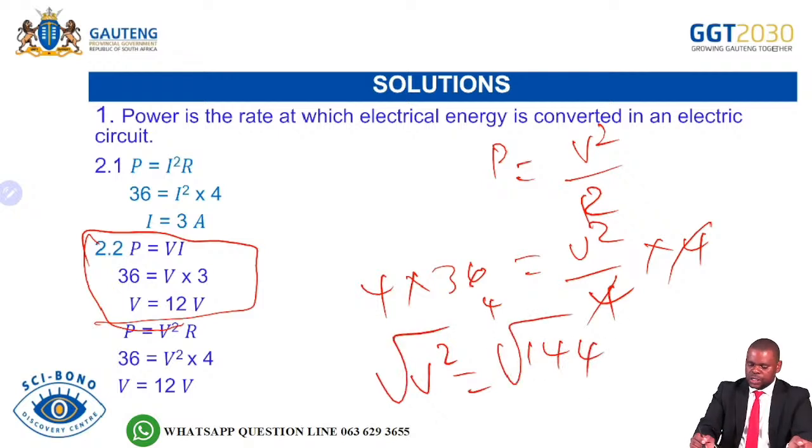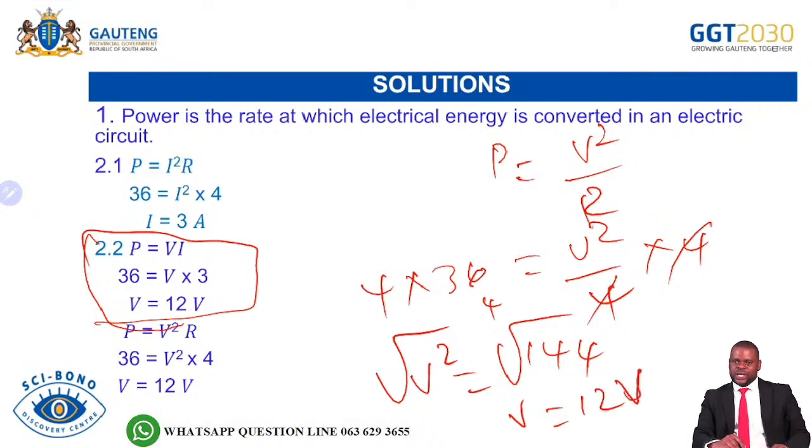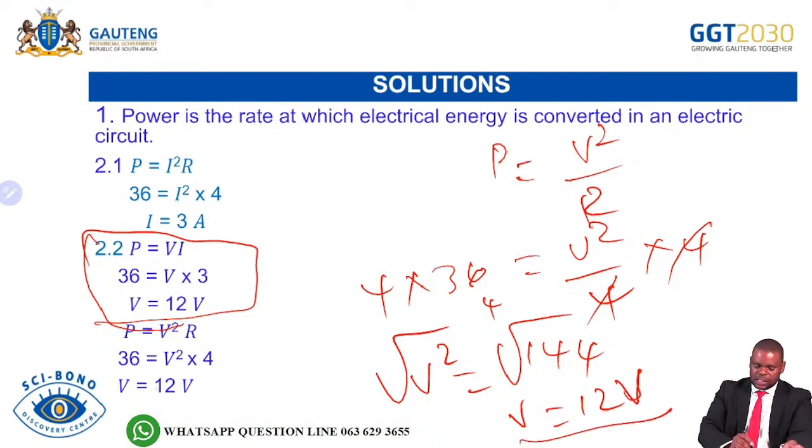Then square root of V squared; the square root of 144 is 12 volts. Then that is the answer that we get.